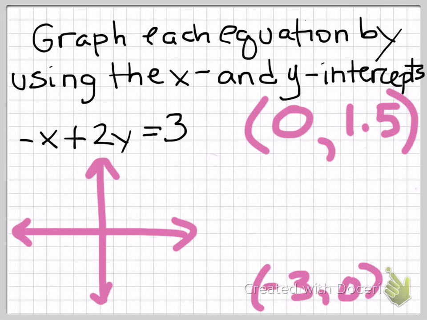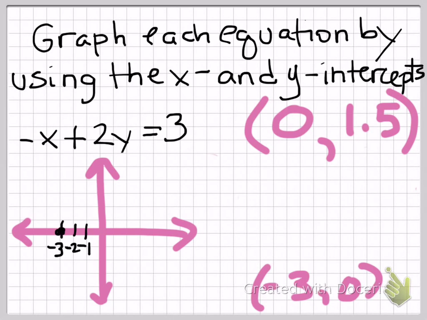So I'm going to go to -3 on the x-axis, which is here.